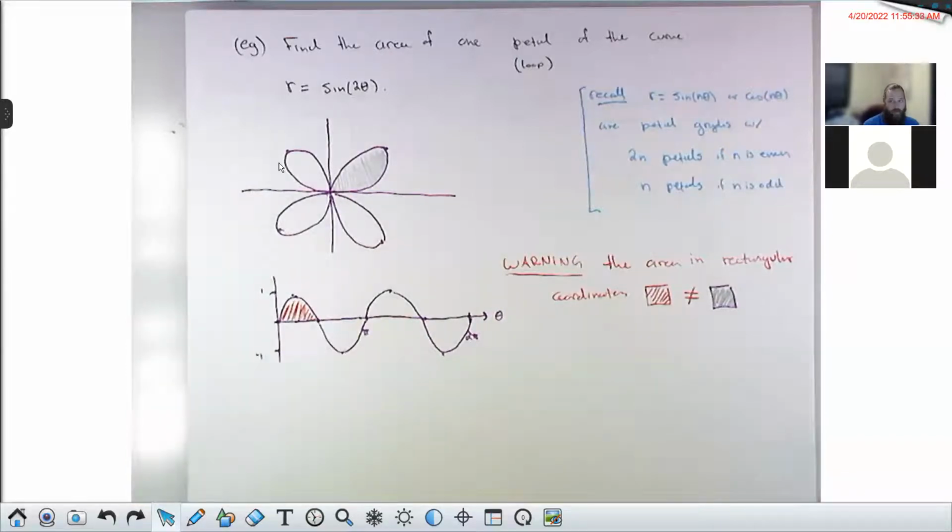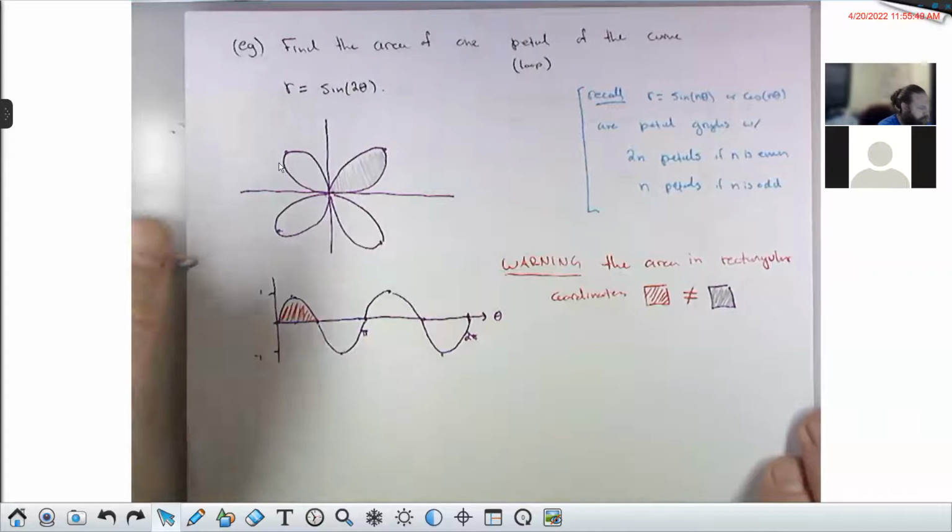But it's not true that the areas are the same. When you transform the graph from rectangular into polar, it stretches things out some places and compresses things in other places. It is not an area preserving transformation. But this will help me figure out my bounds.